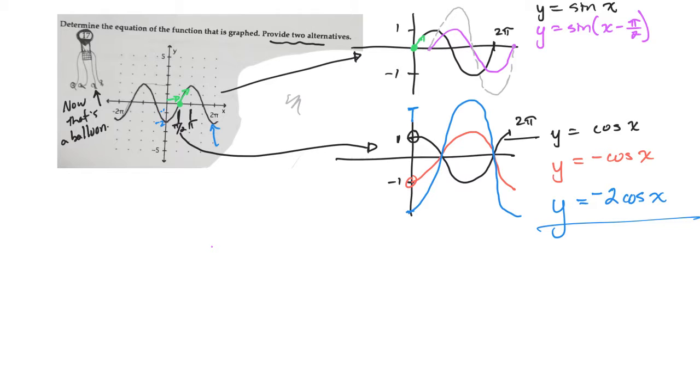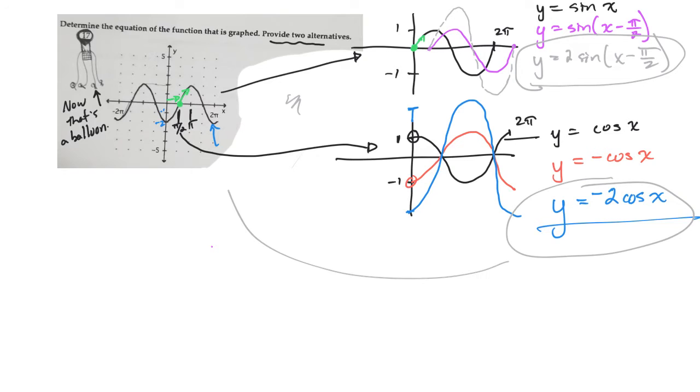So if I wanted to go higher, I just would have to put a 2 in front. So it'd be 2 sine of (x minus pi over 2). Now if you go into Desmos or your graphing calculator and you type that or you type that, they'll give you that exact graph. All right, hopefully that helps you with that trig graph transformation.